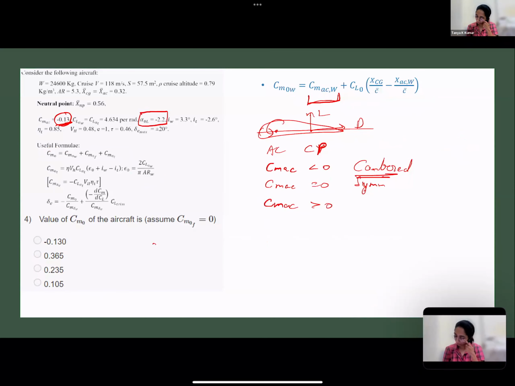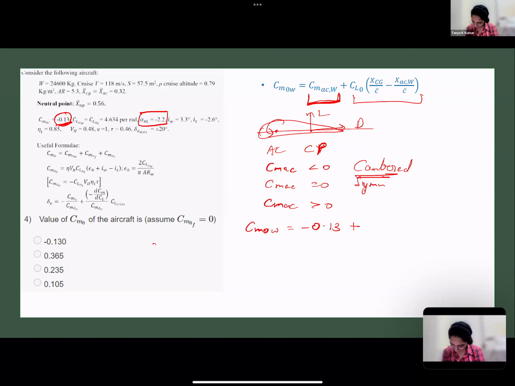So now let's substitute these values and find the CM0 contribution of the wing. It has two contributors. One is CMAC wing, that is from the airfoil characteristics itself. And this is from your CG and AC location. So let's calculate this. CM0 of the wing: CMAC wing is minus 0.13 plus CL0.